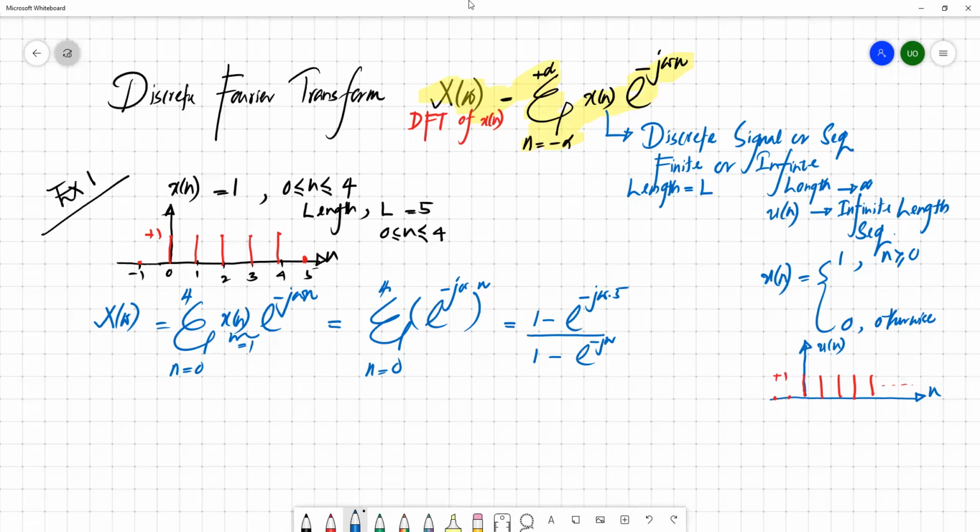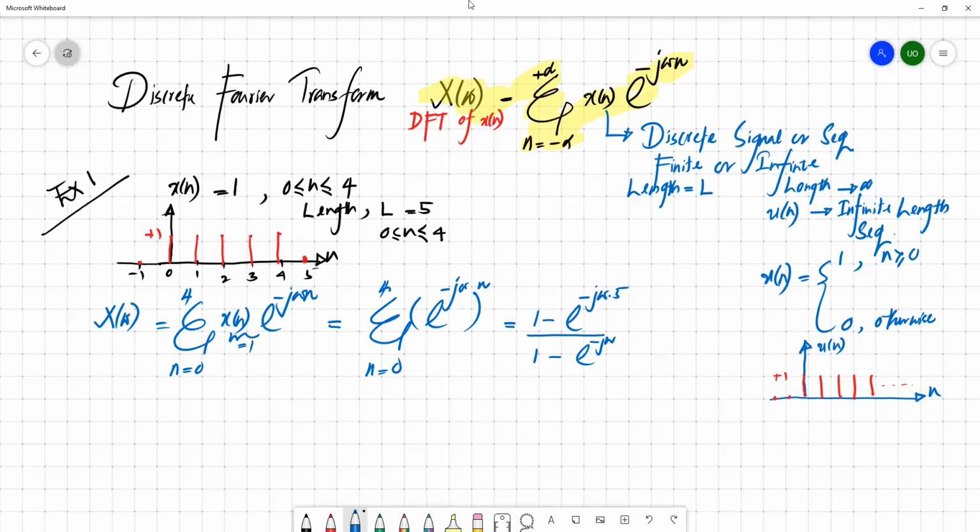So this is the sum of 5 terms of a geometric series.